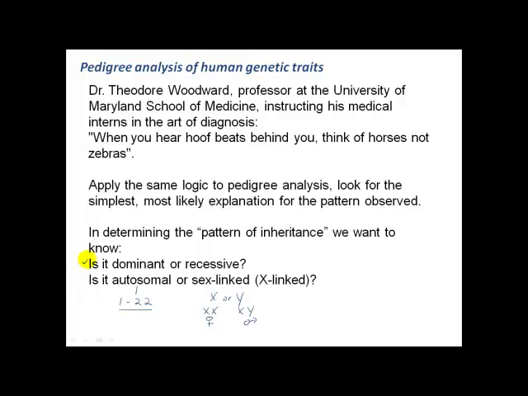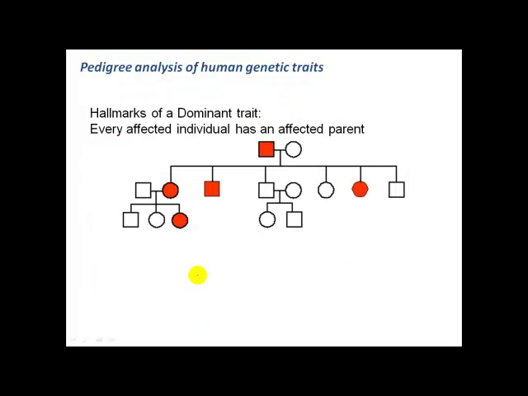So these are the two questions you need to answer when you're asked to determine a pattern of inheritance in a pedigree. Let's take a look at some pedigrees and see how we can determine patterns of inheritance by looking at pedigree genetic trait inheritance.